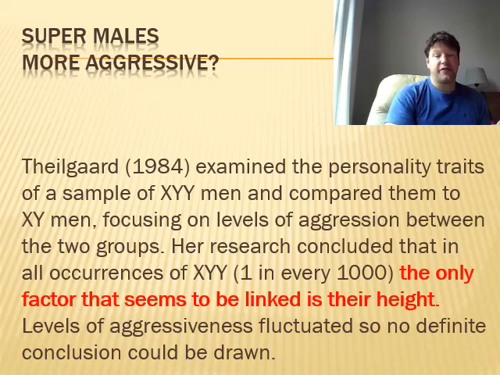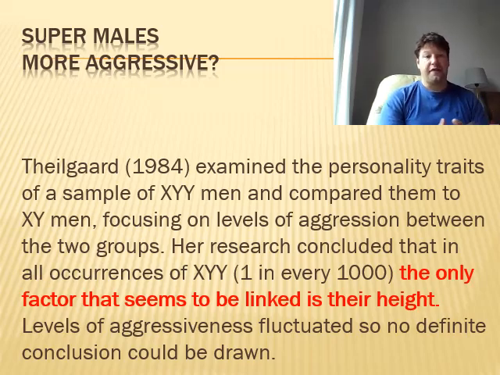Levels of aggressiveness fluctuated, so no definitive conclusion could be drawn. So what that's saying is, although they found this genetic difference, it could not predict aggressiveness in men. Although it exists, it's not far enough. Theilgaard would argue that you can't use it as a predictor.